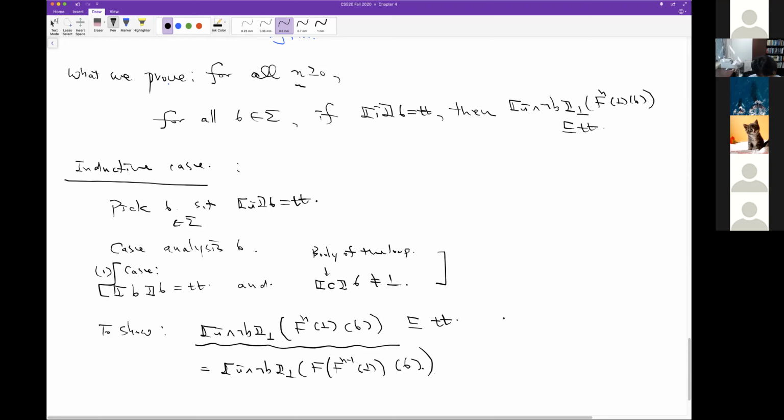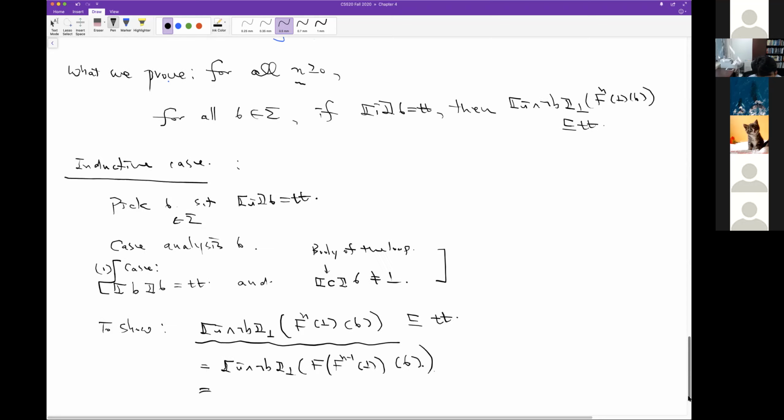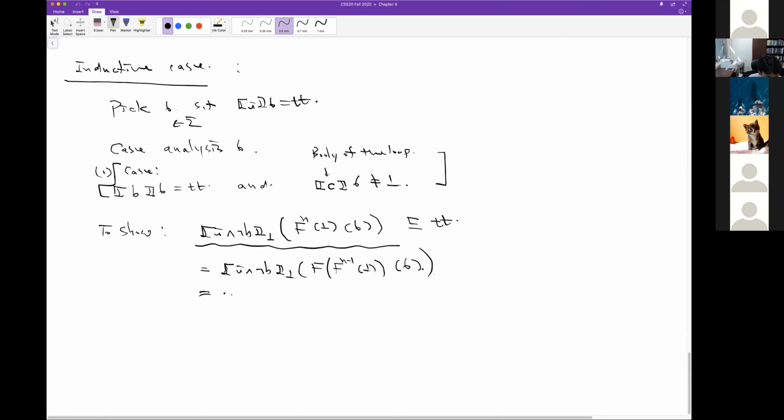And that is the same as, if you now look at the definition of F, so I plug in the definition of F. It goes like this.